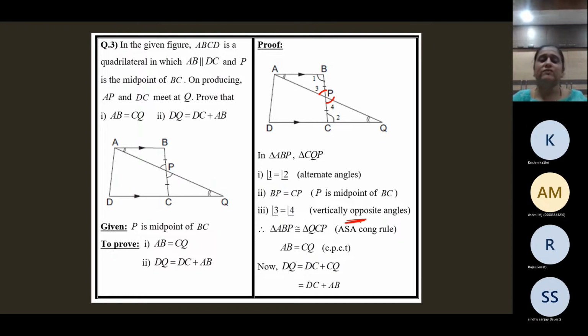So 1 is equal to 2, alternate interior angles. BP is equal to CP. And 3 is equal to 4, vertically opposite angles. The first information is of this triangle, and the second is of the second triangle.